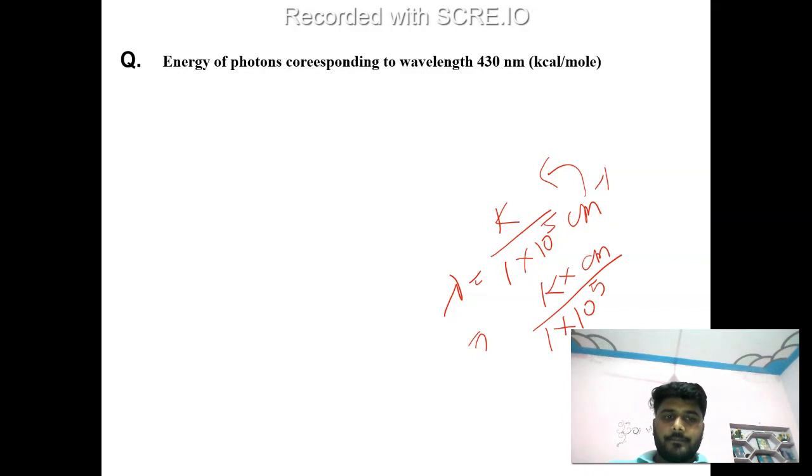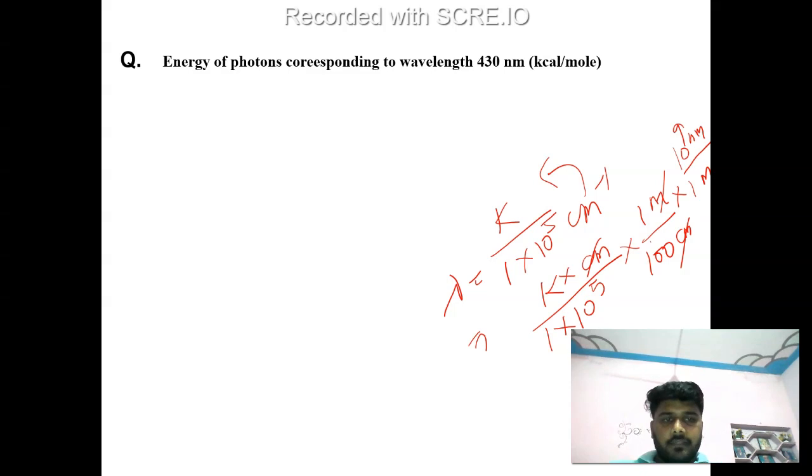If I write 1 meter here and divide by 100 centimeter, that will be the same thing. And if I also multiply further by 10 raised to power 9 nanometer and divide by 1 meter, centimeter will be cancelled out and meter will also cancel out.